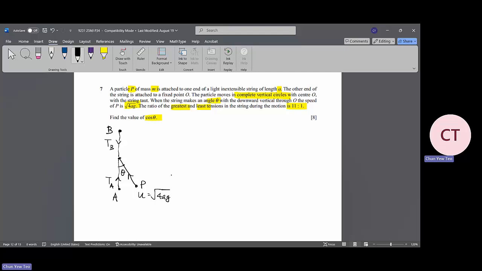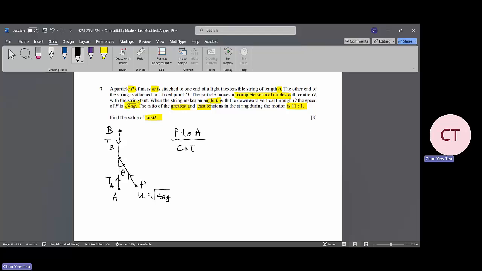So we want to consider going up here and going down here. We have two situations to consider. First, we consider the case of B to A, going down.